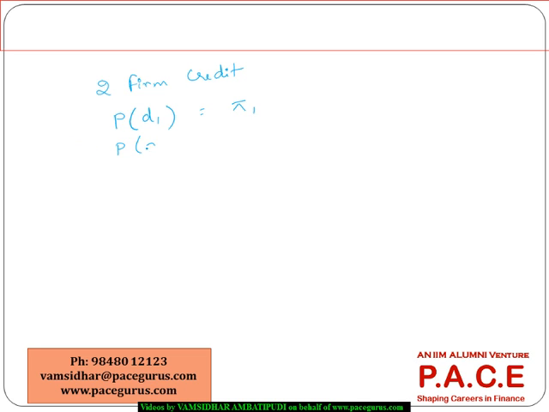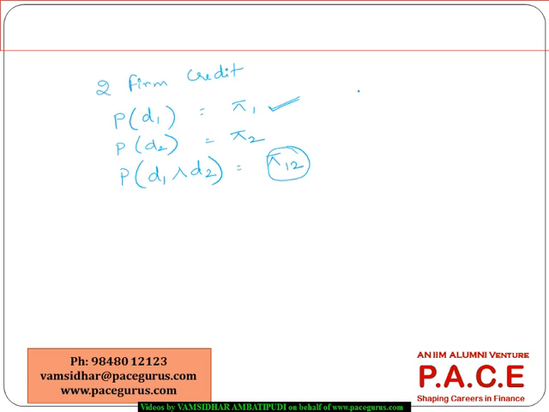The probability of default for the second firm, let me assume it as pi 2. Then the probability of both the firms defaulting, I can take it as pi 12, which means the firm 1 defaulting is pi 1, but along with the firm 2 defaulting is pi 12.